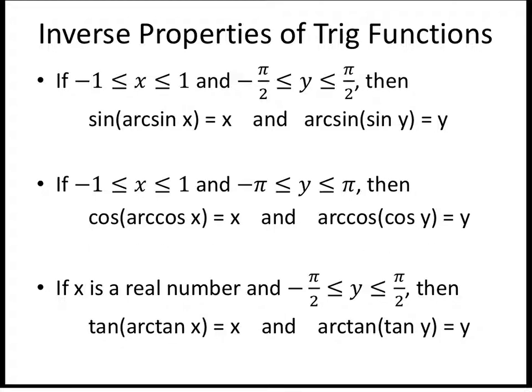Any two functions where I take the inverse of that function as the input for my function, they kind of negate each other out. So it's like taking the square of a square root or the square root of a square. They negate each other out because they're inverse functions. So we have the same properties going on between sine and arcsine, cosine and arccosine, and tangent and arctangent.